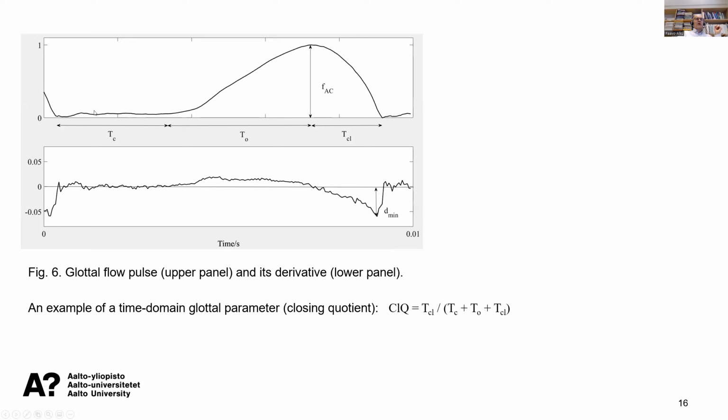If my inverse filtering stage has given me a very nice looking glottal waveform, I simply compute the time length of the closing phase, and I compute the ratio of that over the fundamental period.